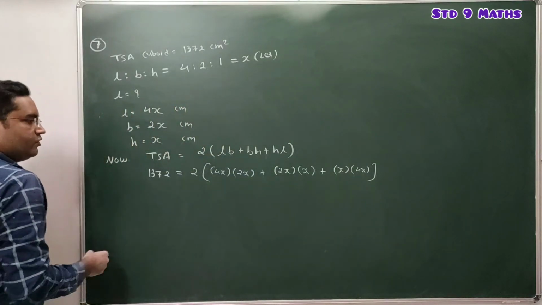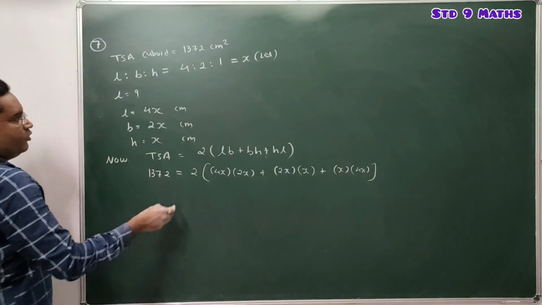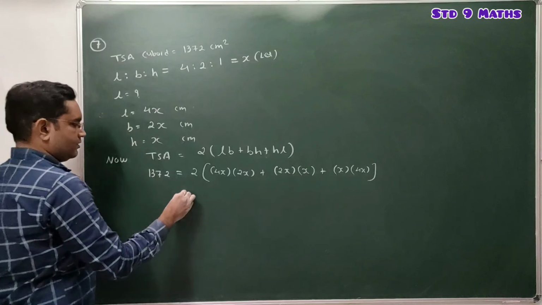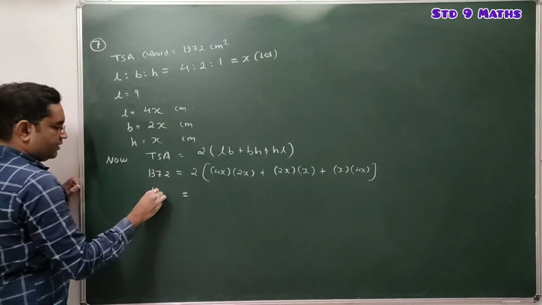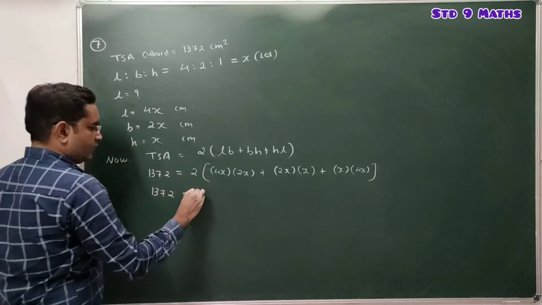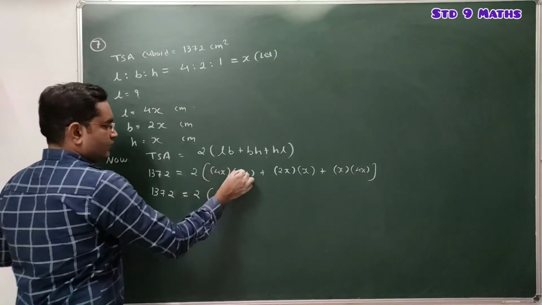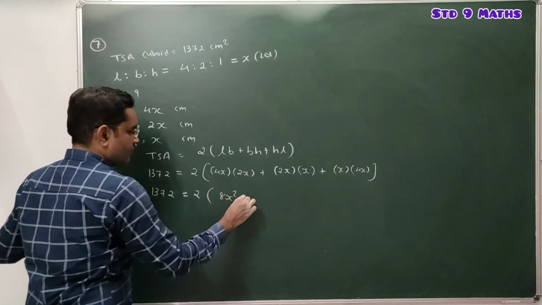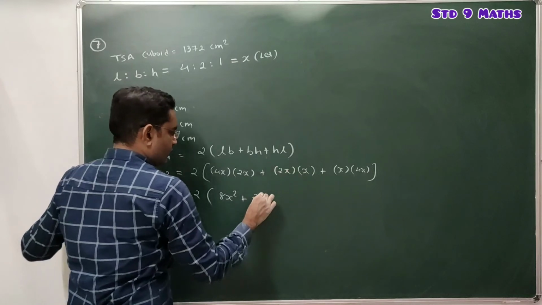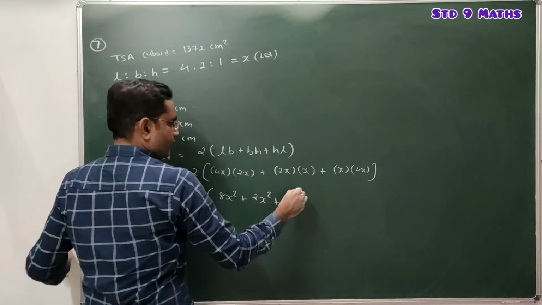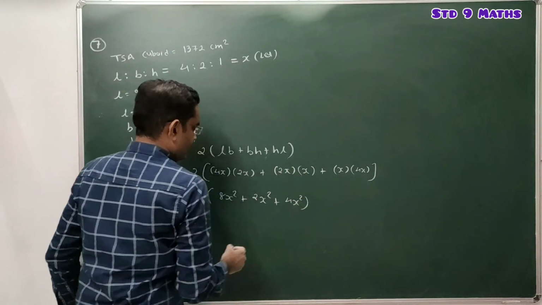Solve this equation, we will get the value of x, put that value of x in L, so we will get our answer. So 1372 equals twice of 4 twos are 8x square plus 2x square plus 4x square.